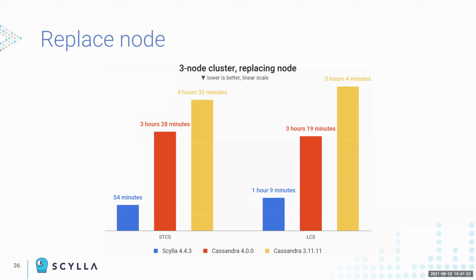Cassandra 4 needs about 25% less time to replace nodes than Cassandra 3 when using STCS strategy, and even more, 35% less when using LCS strategy. Even then, however, Scylla needs 75% less time than Cassandra 4 with STCS and 65% less with LCS. So Cassandra 4 is better than 3, but again, it still has a long way to go if it wants to catch up to Scylla's performance.